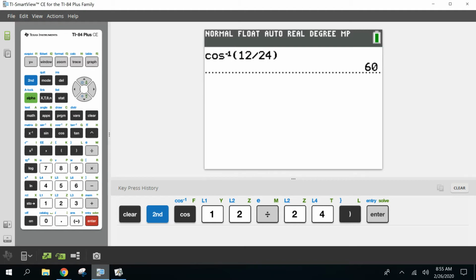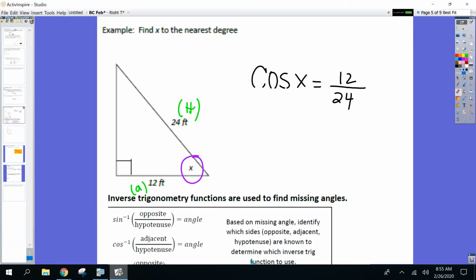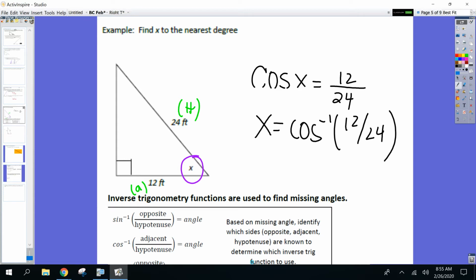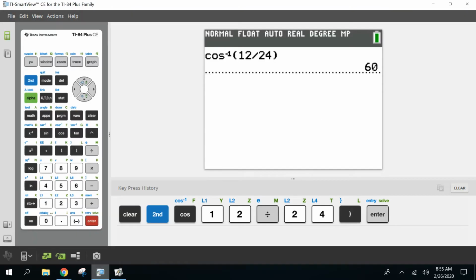So what we're going to do to solve for this angle, take a look. We're going to ask the calculator what angle has a cosine ratio of 12 over 24 to find the angle. Do the inverse of cosine. So we're going to go to the calculator.